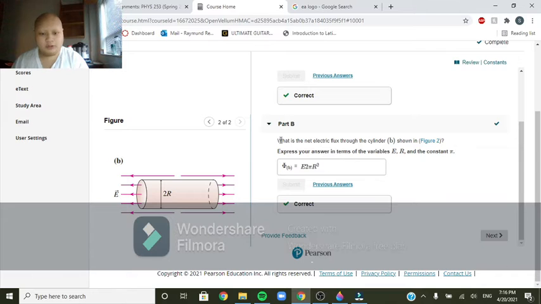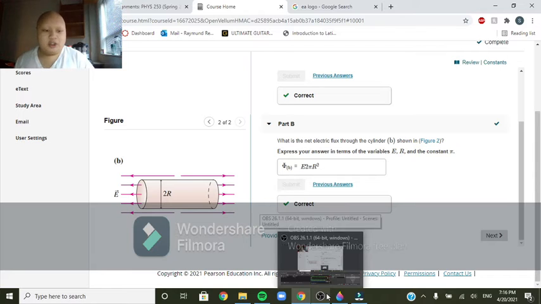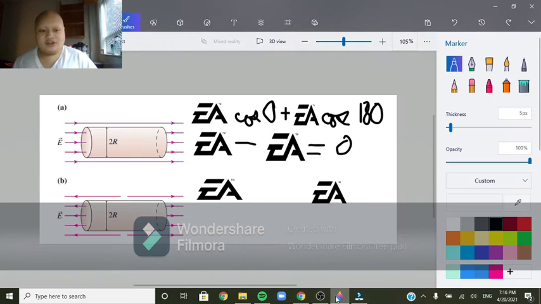For part B, we are looking for the electric flux through cylinder B shown in figure 2. Now this time there are two different electric fields going in opposite directions, so one of them has to be negative. We'll assume that at pi radians, or 180 degrees, the electric field going left is negative.